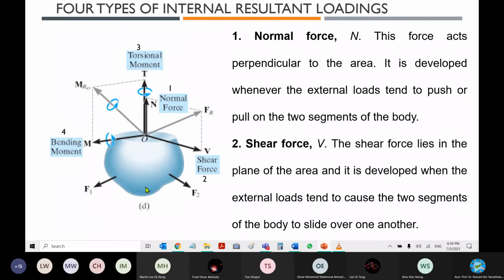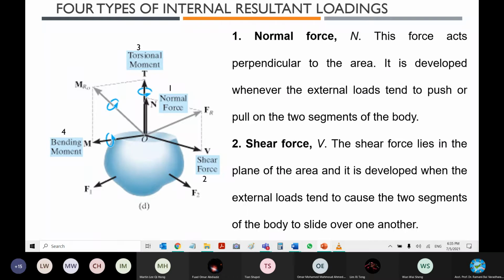Take this body and consider it. You can see the directions of loading and the reaction of the body. The one which is acting perpendicular to the surface is called normal force. The one which is lying on the surface is called shear force. For now, just understand this.